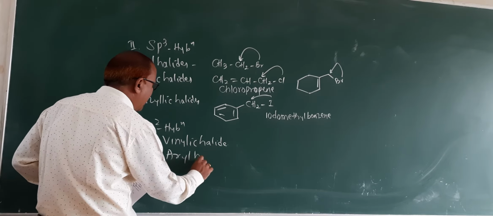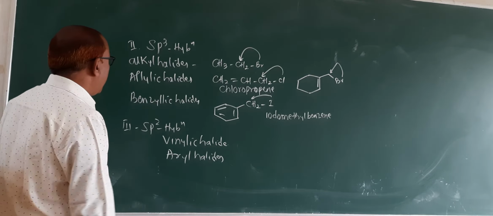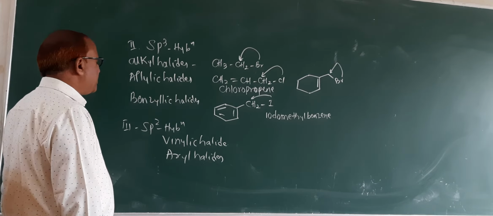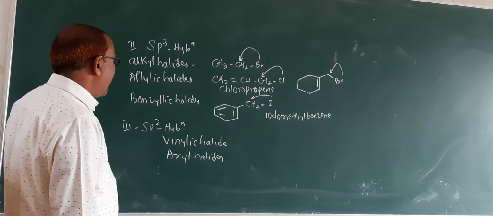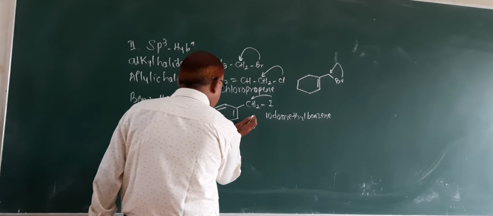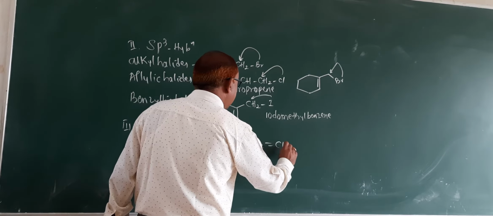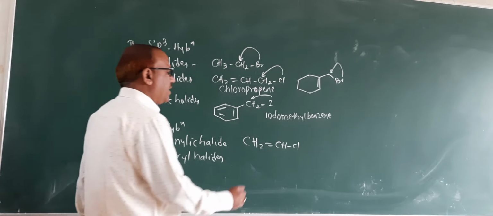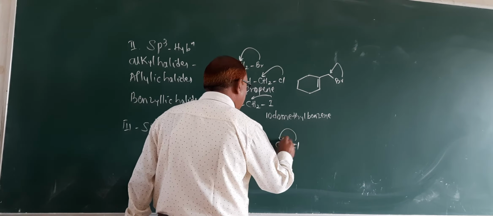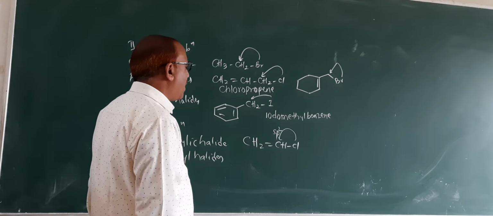These are the two subtypes in which the carbon to which the halogen is attached undergoes sp2 hybridization. For example, CH2=CHCl is vinyl chloride. In this vinyl chloride, the chlorine is attached to an sp2 hybridized carbon.